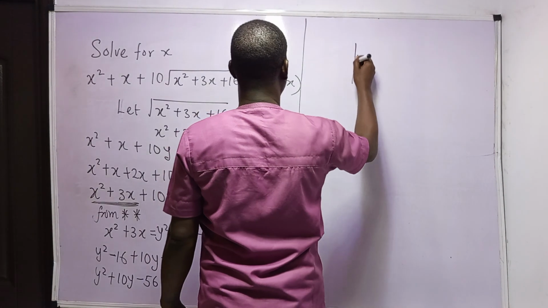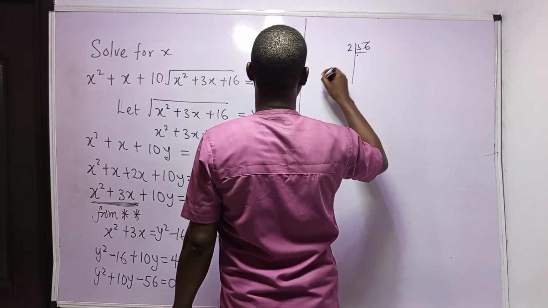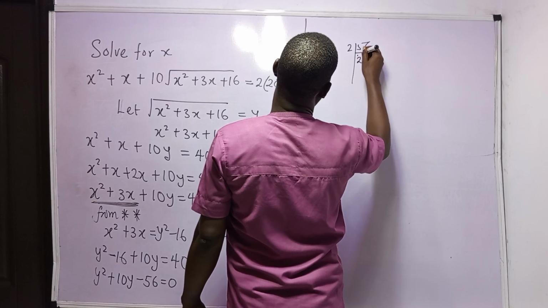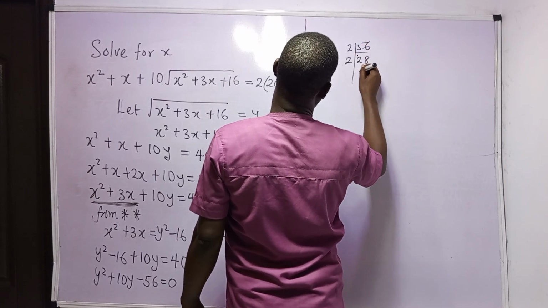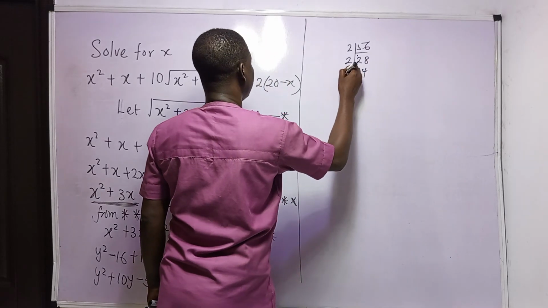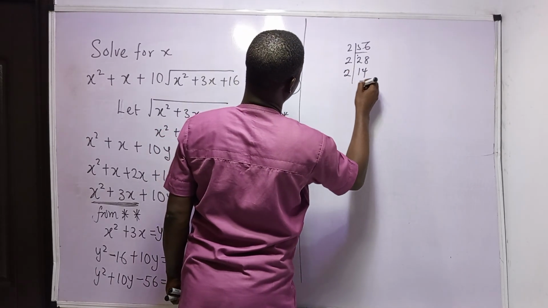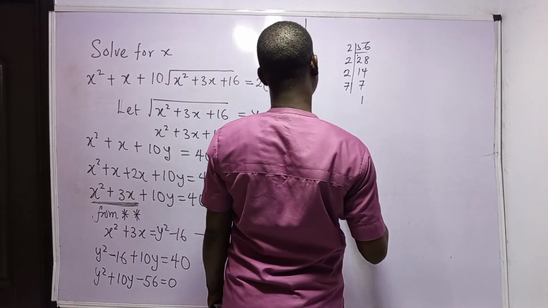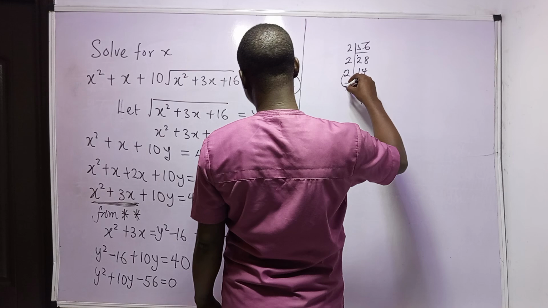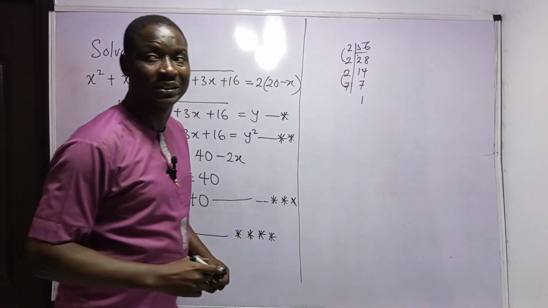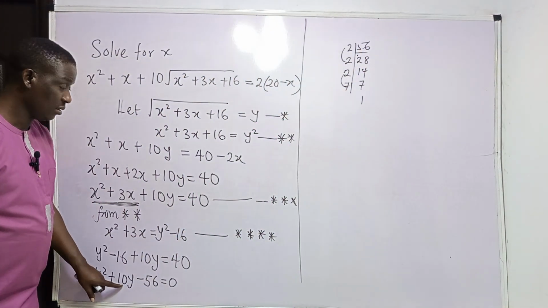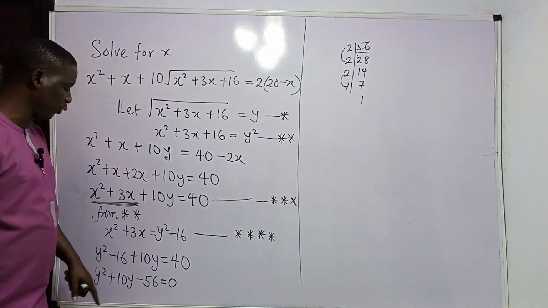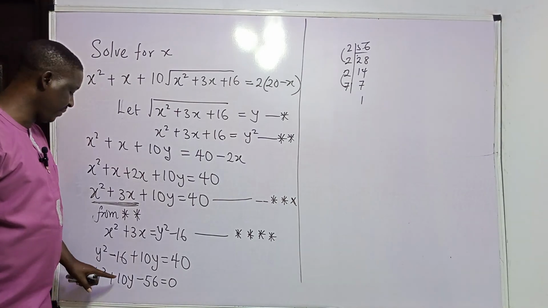Or you better just do it this way. 2 here, we would have 28. 2 here, we have 14. 2 here, we have 7. 7 here, we have 1. So if I take it as 14 times 4, that will give me 56. And 14 minus 4 will give me 10.